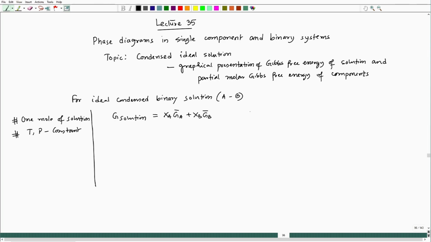Now, we can also write delta G mix equal to X A delta G bar M A plus X B delta G bar M B. These are all mixing quantities.